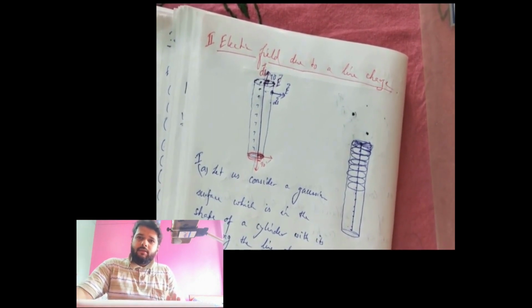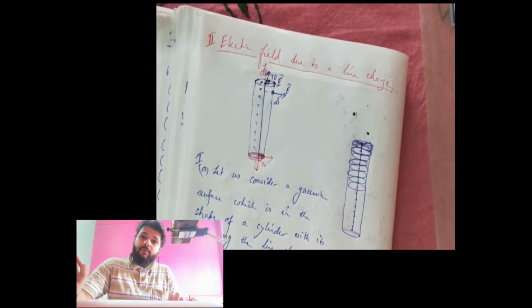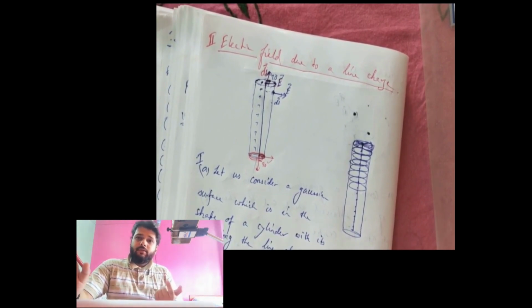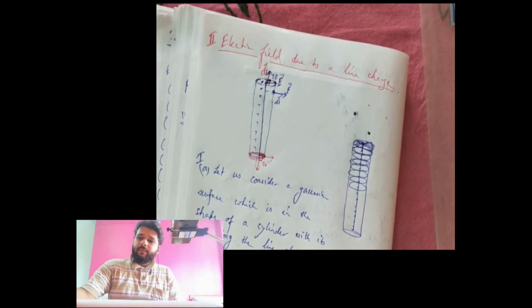So there will be electric flux only due to the curved surface. Is that clear? Electric flux will only be due to the curved surface, and the electric flux for the top surface and for the bottom surface will be 0.